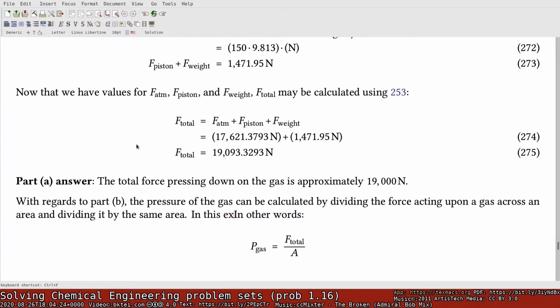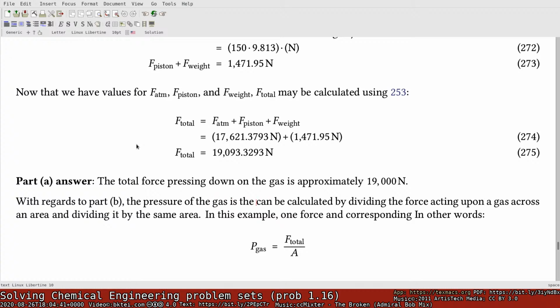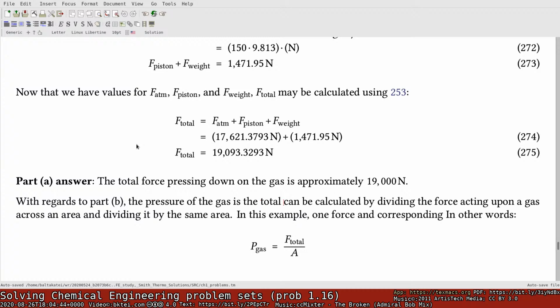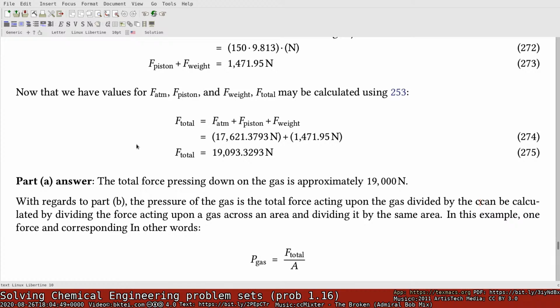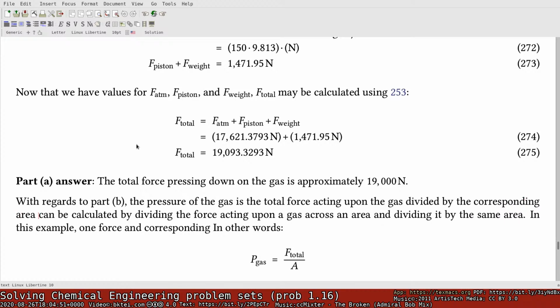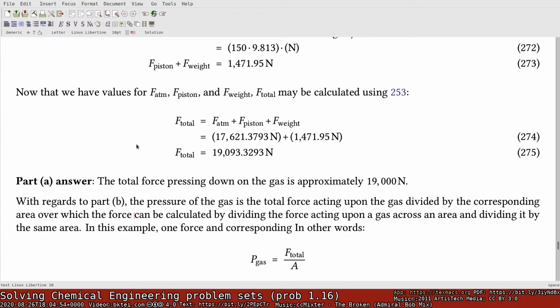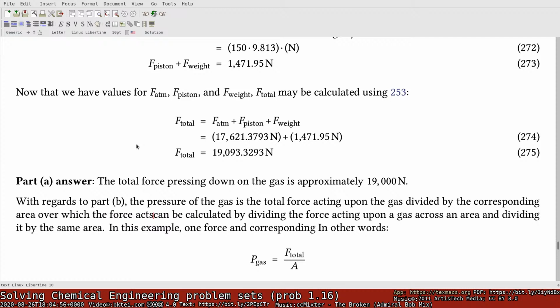So in this example, the pressure is the total force acting upon the gas divided by the corresponding area over which the force acts. That's a better way to put it.